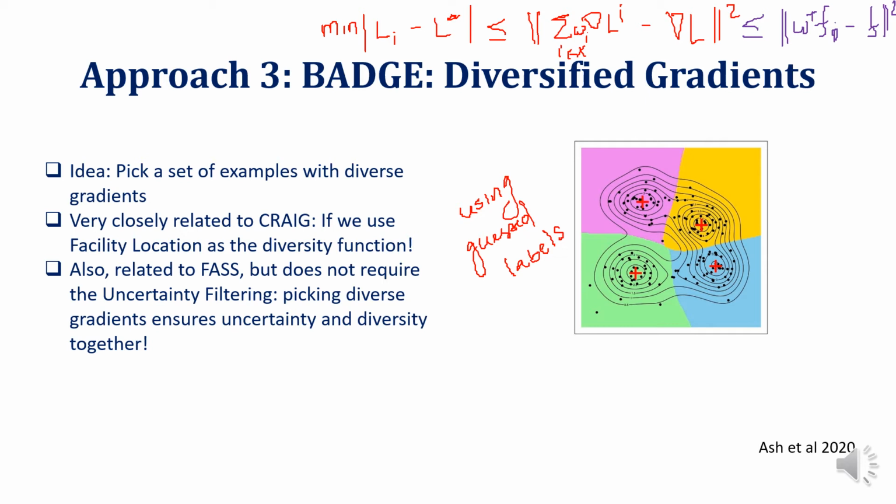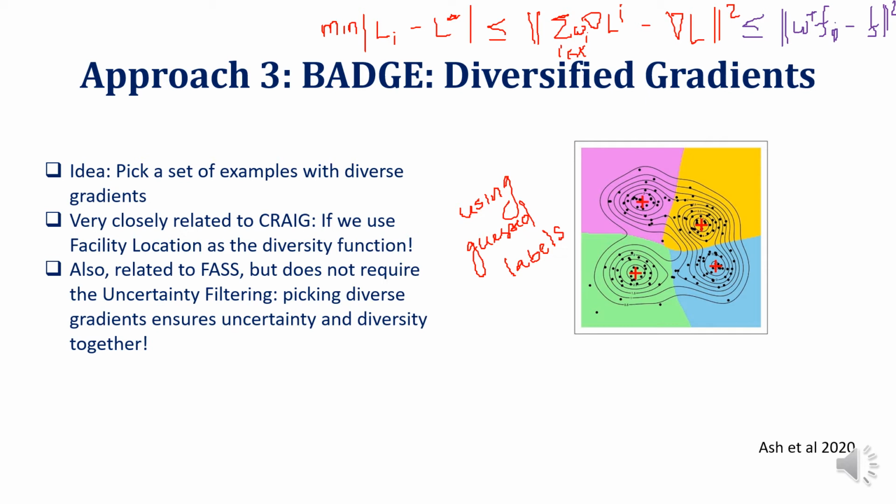Now Batch says, well, instead of assuming that the labels are known, let us impute the labels or have the labels determined using the currently trained classifier. So the idea is to pick a set of examples with diverse gradients, very much like Craig.